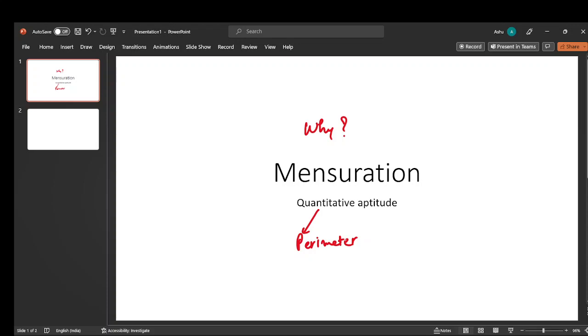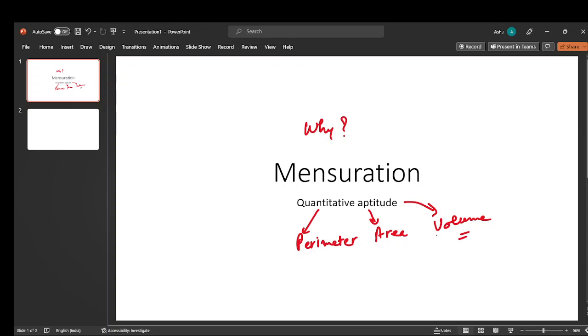That type of question is involved. Then the second one is area. How can you find the area? How can you measure the space between fencing? How can you measure the area of a field? How can you measure the area of anything? That is the point. And the third one is volume.